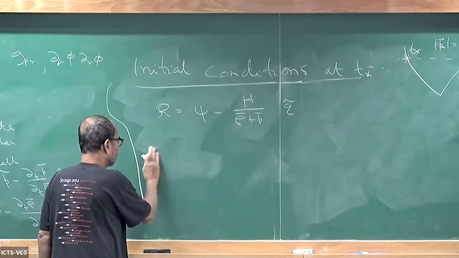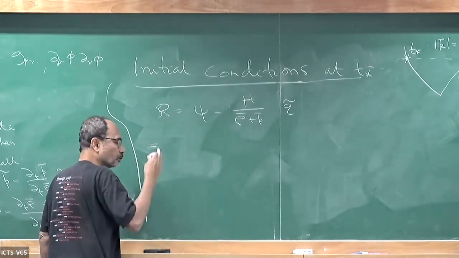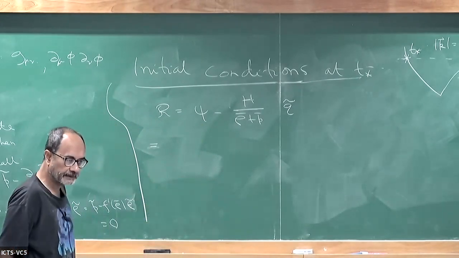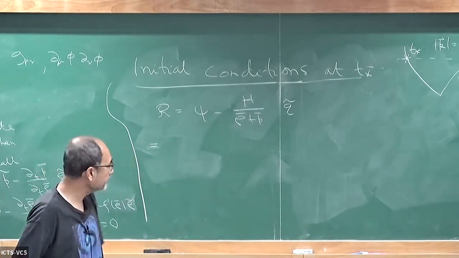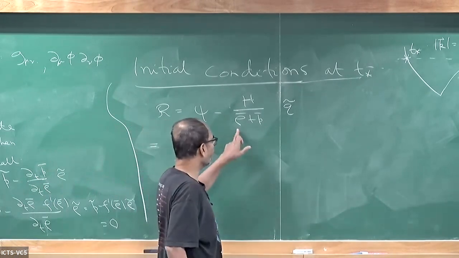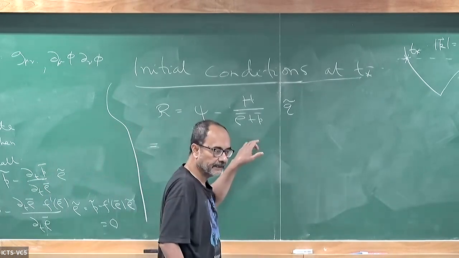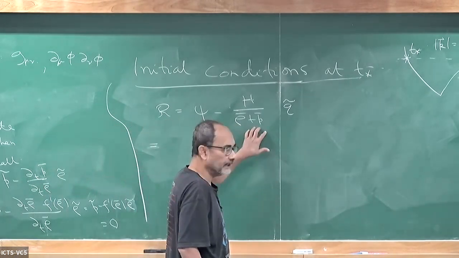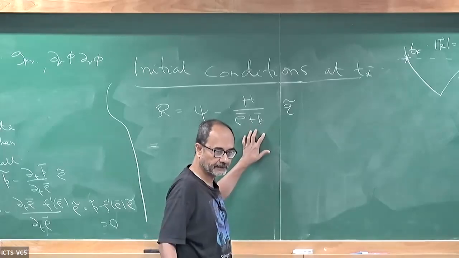Phi and psi have the same interpretation because they are the same fluctuations of the metric that we had during inflation and now. The only difference is that this rho bar, p bar, q tilde are general, so you have to evaluate them during inflation.